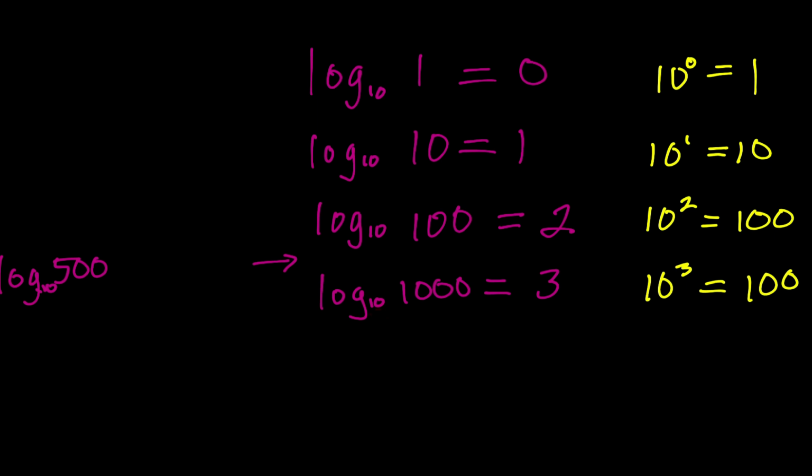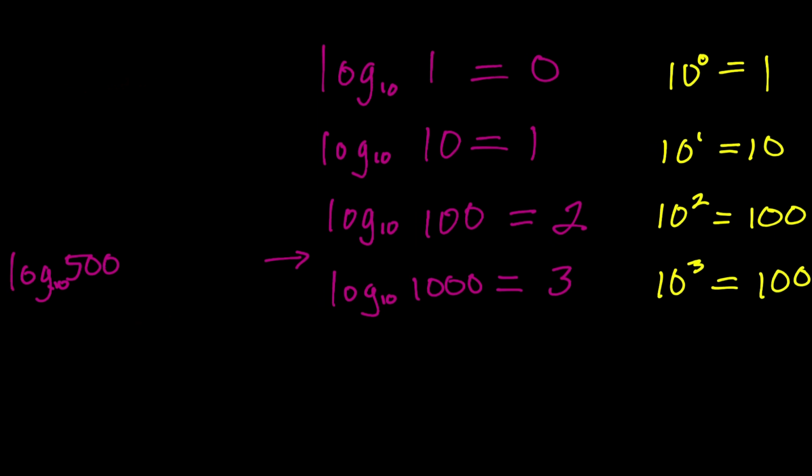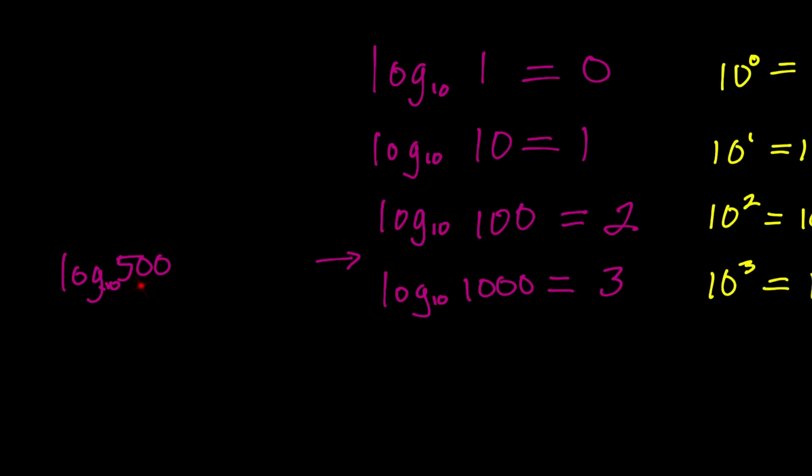Also, 10 to the 3rd power is 1,000. So 500 is between 100 and 1,000. So the log base 10 of 500 is going to be between 2 and 3. So it's going to be 2 point something.